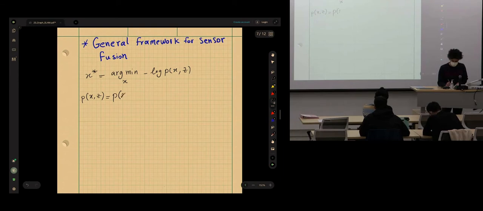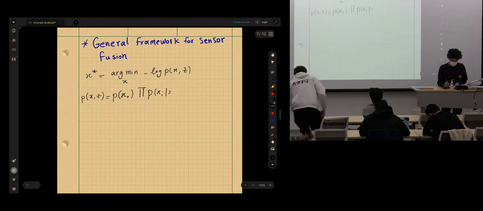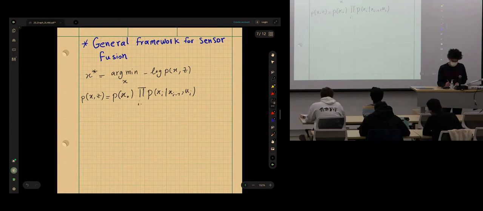We know the joint distribution is factorized as the product of the prior times all the transition models, motion models, maybe we have m of them, times all the likelihood terms.